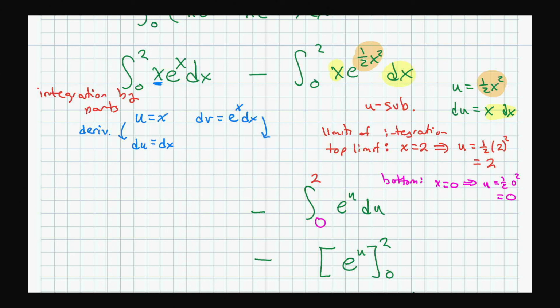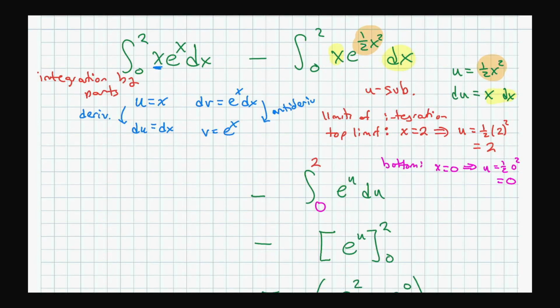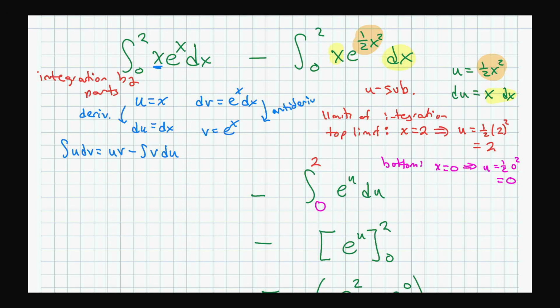You go from dv to v by doing an antiderivative. So the antiderivative of e to the x is just e to the x. And then the integration by parts formula is that the integral of u dv is uv minus the integral of v du.